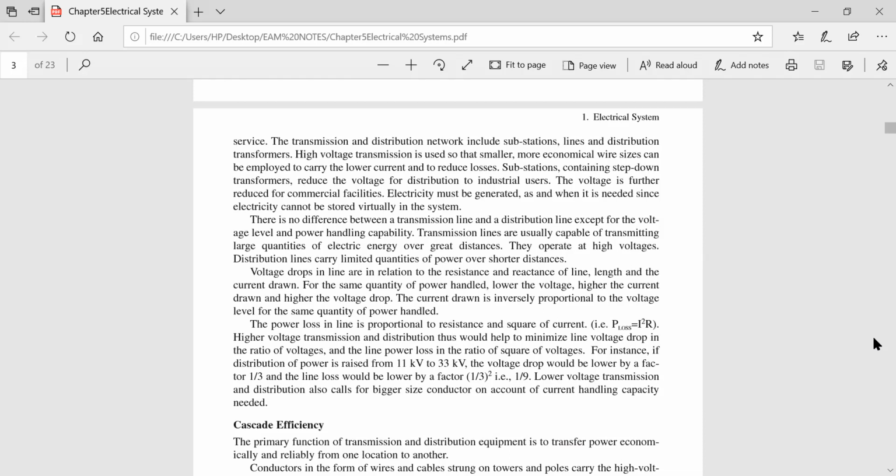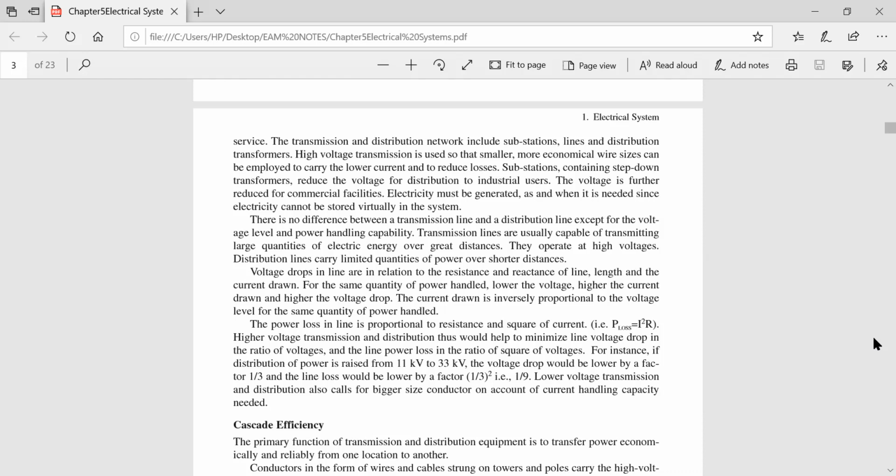For instance, if distribution is raised from 11 kV to 33 kV, the voltage drop is lowered by a factor of 1 by 3, and the I squared R power loss is lowered by a factor of 1 by 3 squared, that is 1 by 9.